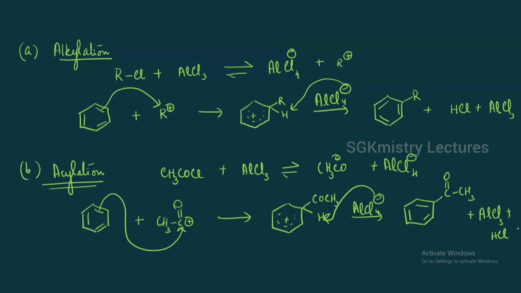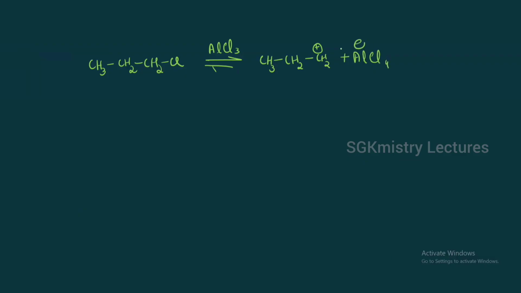Suppose you use n-propyl chloride, then what are you going to get as the product? We have seen the general mechanism of alkylation and acylation. Now let us see, suppose we take CH3CH2CH2Cl, that is n-propyl chloride, in the presence of again AlCl3. You're going to get the CH3CH2CH2 plus carbocation, along with AlCl4 minus. This is a primary carbocation.